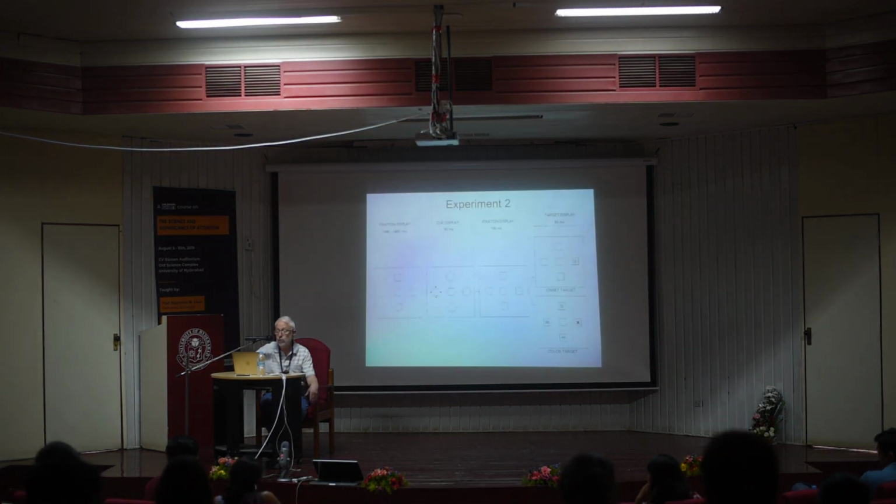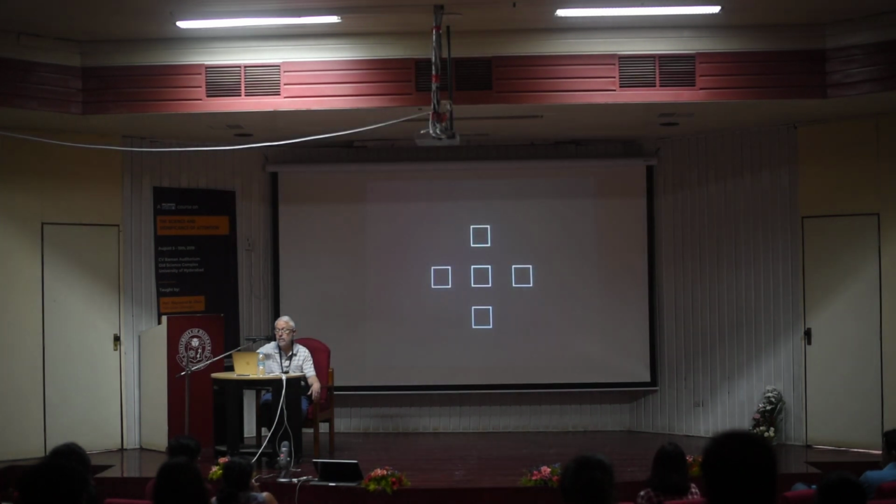In experiment 2, all the boxes are, we could say, cued, but one of them is cued with a unique color. And the target is, as before, either a unique onset or a singleton color. So we'll see what that looks like.